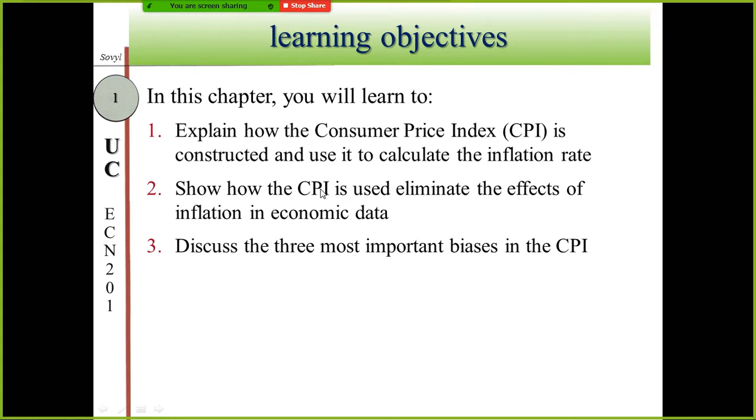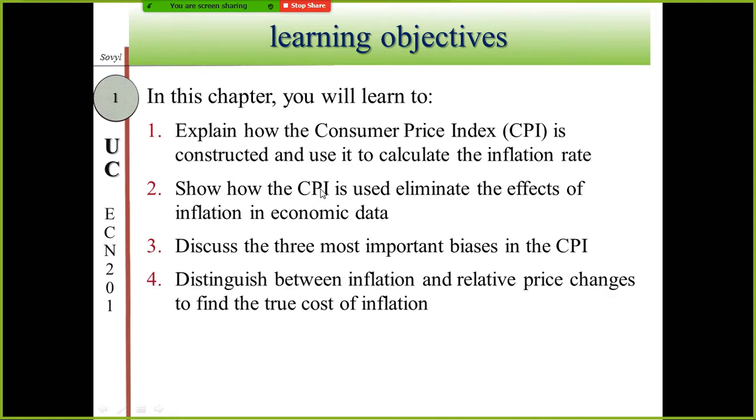Third, discuss the three most important biases in CPI calculation. Discuss the three most important problems in CPI calculation. Fourth, distinguish between inflation and relative price changes in order to understand the true cost of inflation.